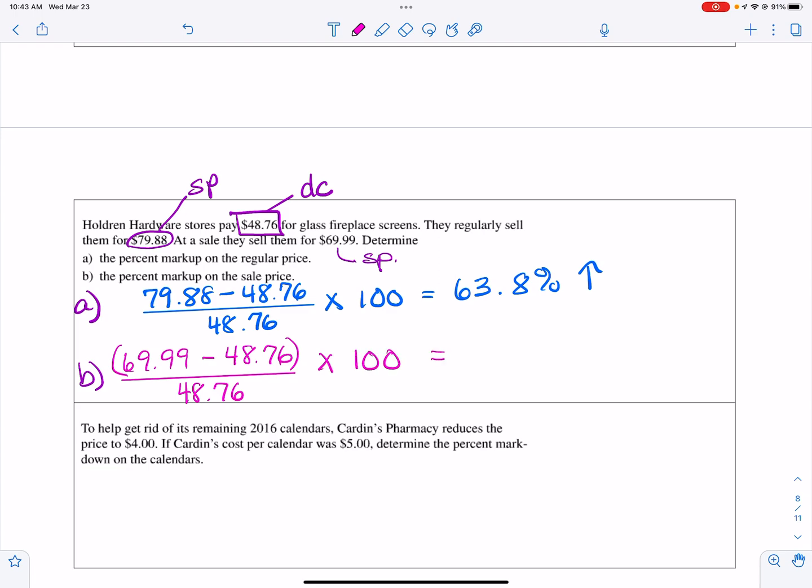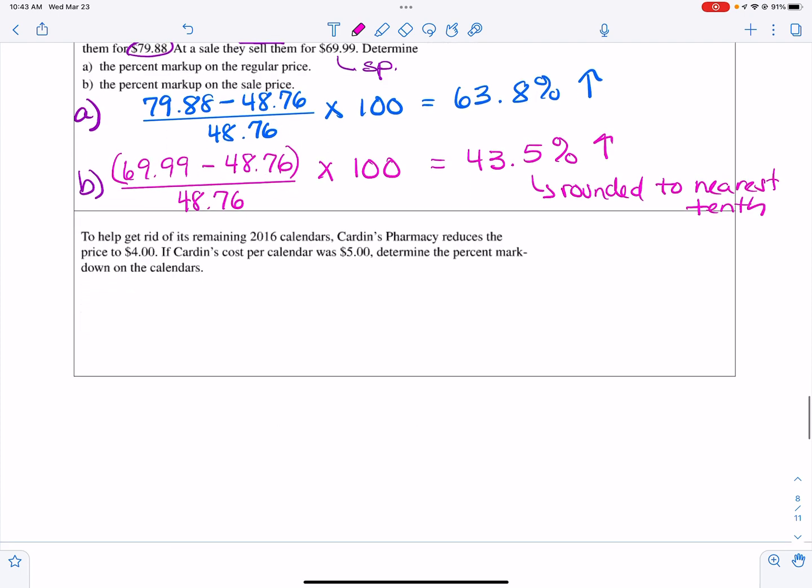And this will still give you an increase, and it'll be 43.5% increase, okay? And so this is rounded to the nearest tenth. Remember, 10 has 1 zero, so tenth should have one decimal place. 100 has 2 zeros, so hundredth should have 2 decimal places, okay?